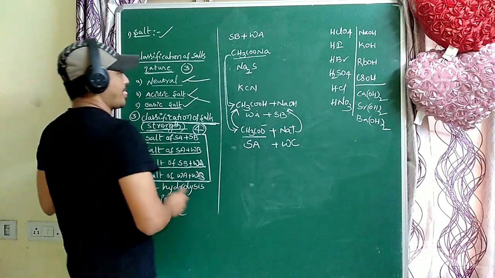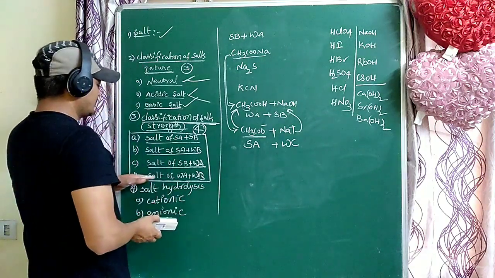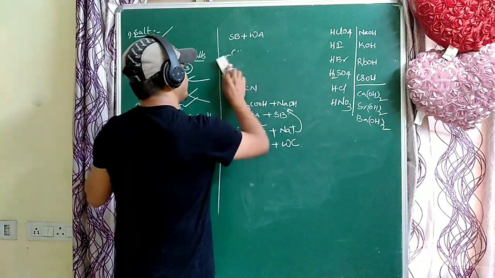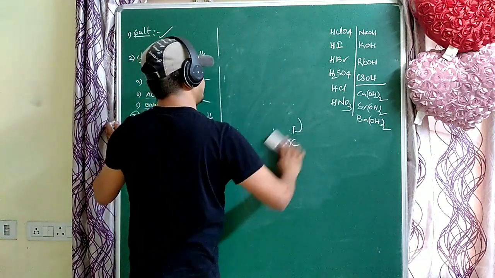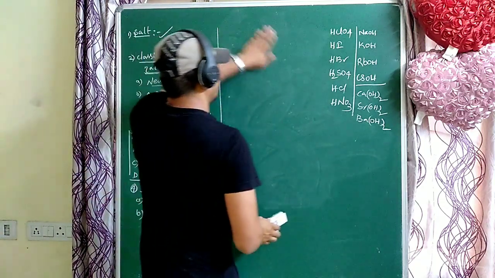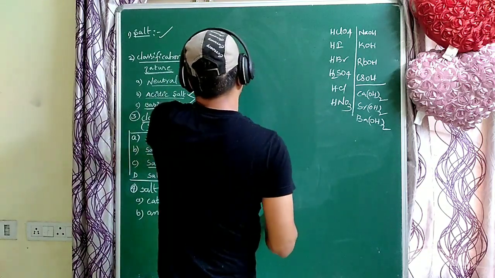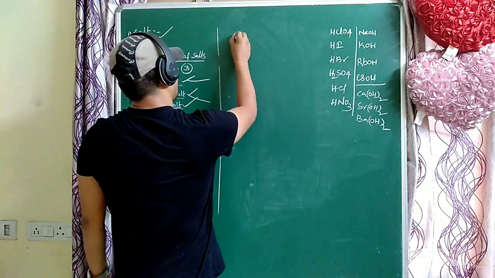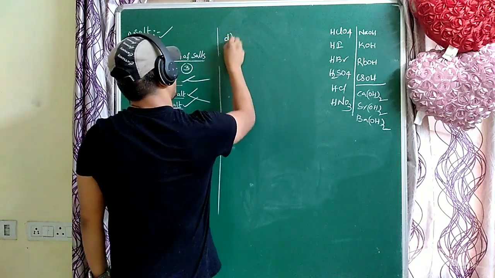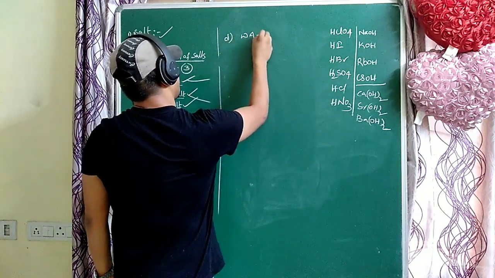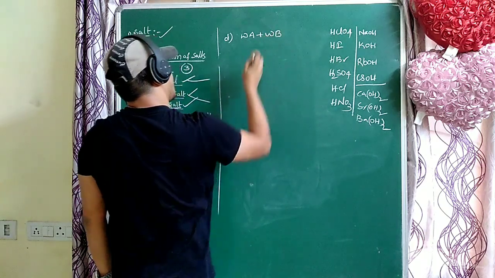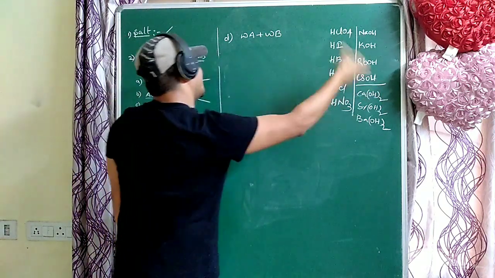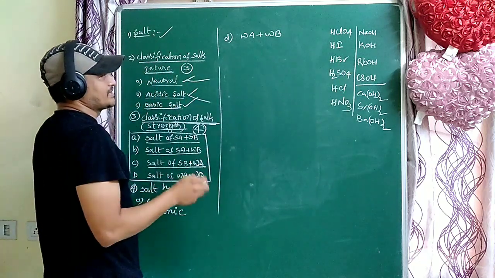So next important: salt of weak acid and weak base. Weak acid plus weak base. That salt is not prepared from the strong acids and strong bases; that is called the salt of weak acid and weak base.